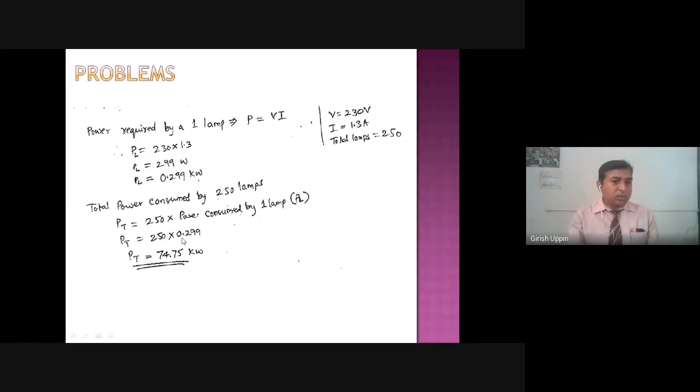And what is the power consumed by one lamp? 0.299. So 250 into 0.299. That is correct. Somebody gave the last answer, and the last one is correct. So 74.75 kilowatt.